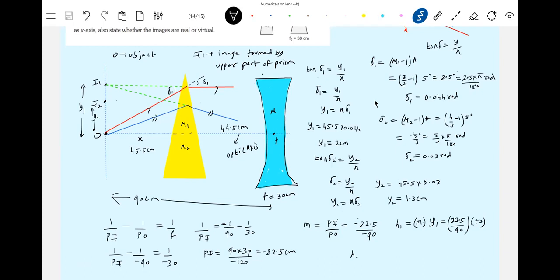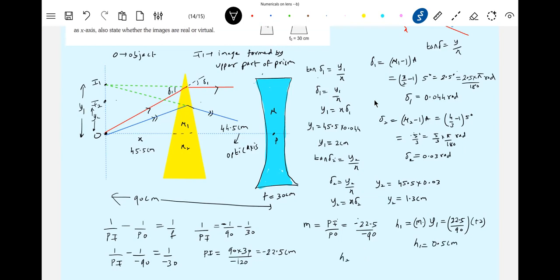Let me do the calculation: 22.5 into 2 equals 45, and 45 by 90 will be 0.5.